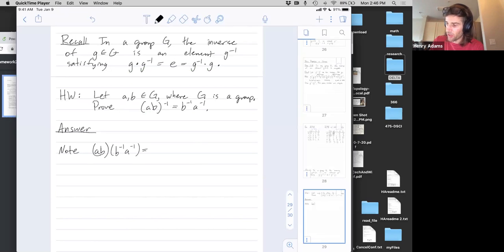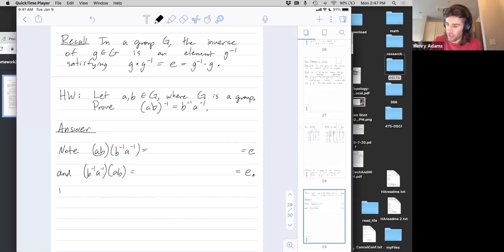We're going to massage things and hopefully get the identity, in both orders. Once we've done that, we've proven what the inverse of AB is, because we found this element that when multiplied by AB in either order gave us the identity.